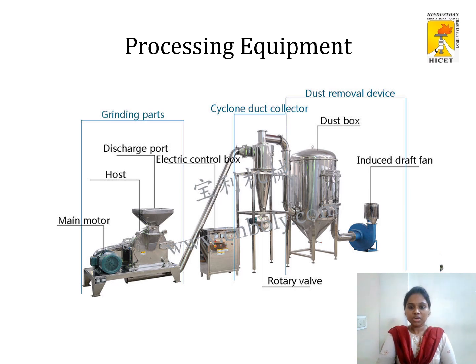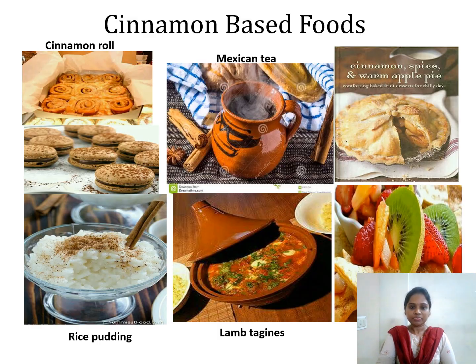That powder will also have different mixed particles, which will be collected in the cyclone dust collector. The cyclone dust collector will have uniform or homogenized particles and the rest will be removed, followed by the dust removal device. It will consist of an induced draft fan which will remove the dust particles from the fine powder. Further, it will be packaged and stored for retail.